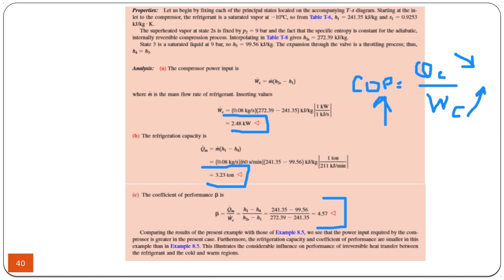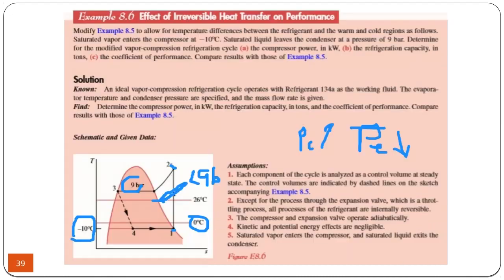So it means that if you increase the condenser pressure and decrease the evaporator pressure or temperature, it will result in less COP. So in order to increase the COP of the system, your evaporator temperature or pressure must be reasonable enough, not too low, and the condenser pressure must be reasonable enough, not too high.